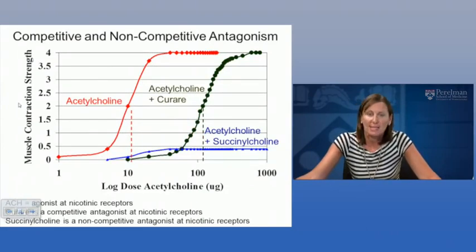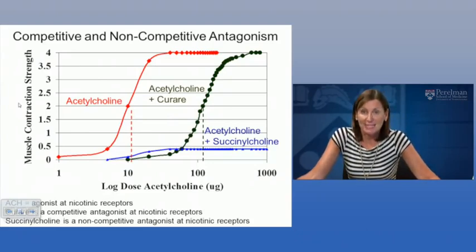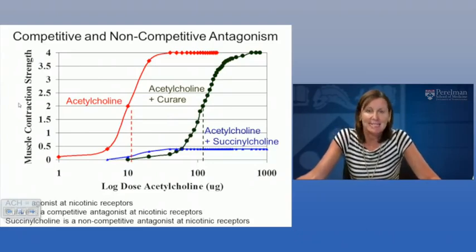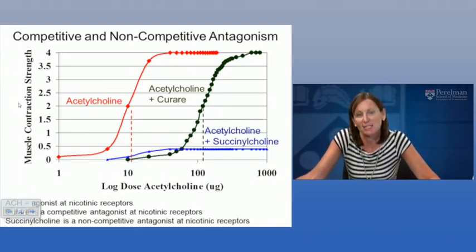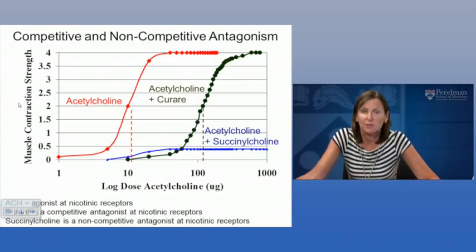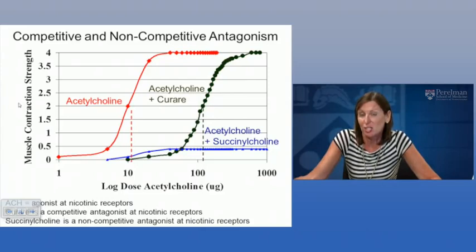Looking at a different model system, in this example, we have a competitive antagonist and a non-competitive antagonist. So acetylcholine, as we've told you before, is the neurotransmitter in the parasympathetic nervous system. On the y-axis is muscle contraction.